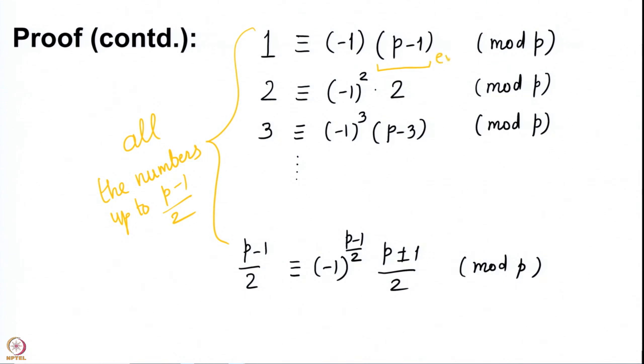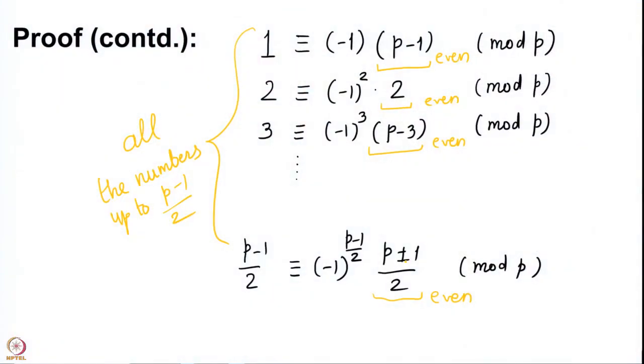So, this is even, 2 is an even quantity, p minus 3 is even because p is odd, and so on up to this. So, we will choose the sign here whether it is (p plus 1)/2 or (p minus 1)/2 depending on when we get the even quantity.